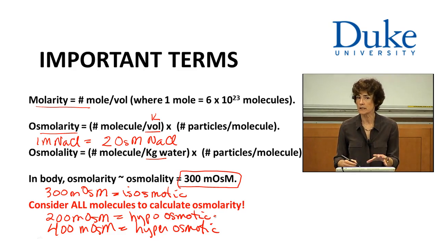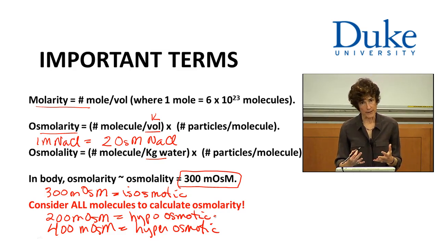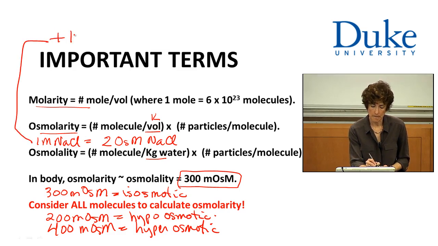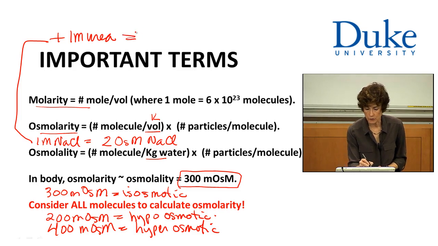Now, when we're calculating osmolarity, we calculate all of the molecules that are within the solution. So if I have 1 molar sodium chloride and I add to that a molar of urea, and urea does not dissociate into more than 1 particle, then that solution becomes a 3 osmolar solution.